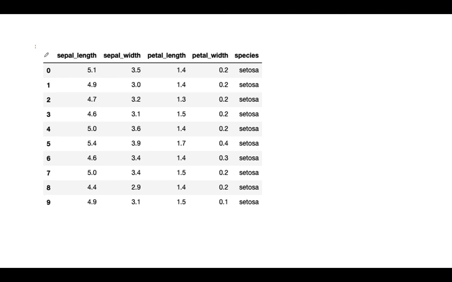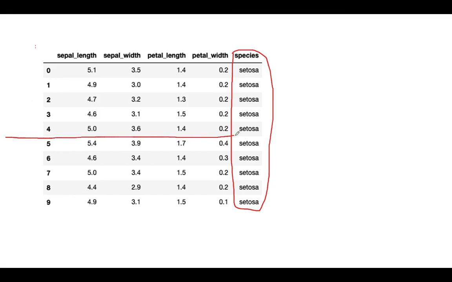Let's say the species is our output column. So we'll divide this data. Now I'll call this part x, just take it as x, don't take it as x dash.